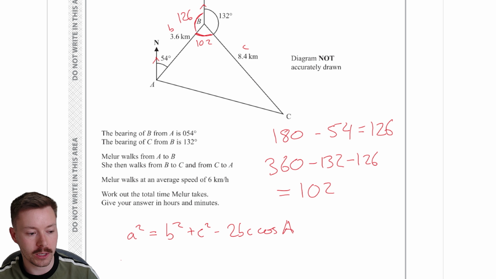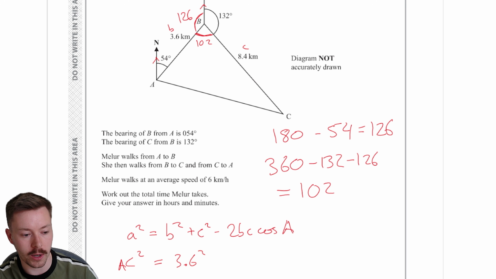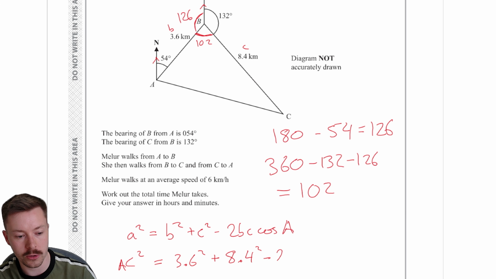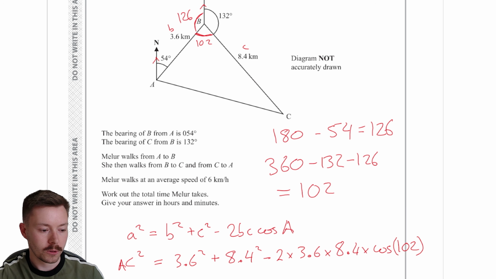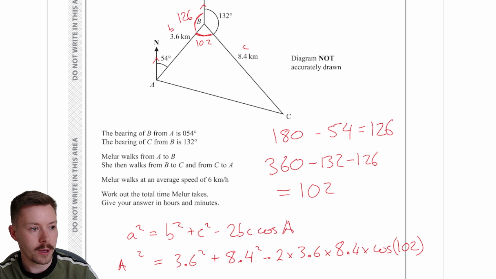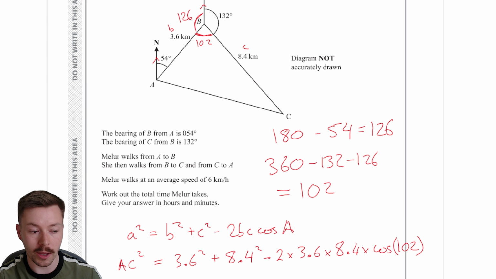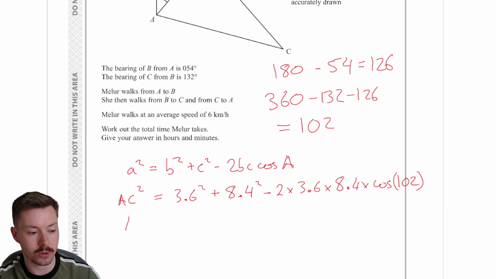Okay, so AC, the side I'm working out, squared is equal to B squared, which is 3.6 squared, plus C squared, which is 8.4 squared, minus 2 times B, which is 3.6, times C, which is 8.4, times cos of 102. From there, we are just going to tidy all of that up, get an answer, which will be a decimal, and then we are going to square root it.